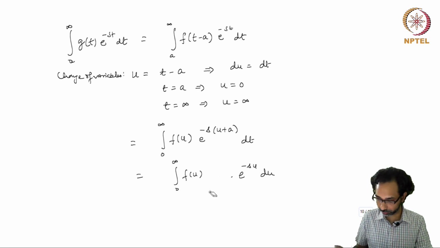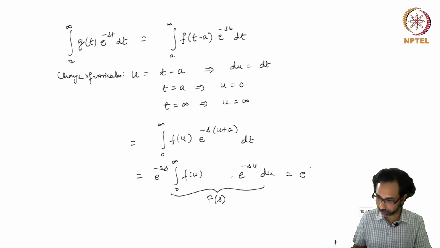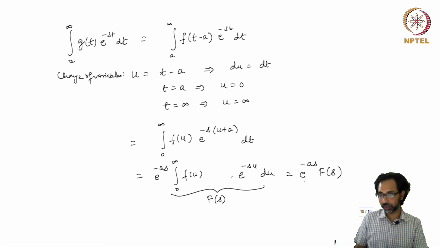So I can just delete it from here and write it outside the integral, and what we are left with inside the integral is simply the Laplace transform of f. Therefore, in the end we get as answer the Laplace transform of g(t) is simply exponential of minus as times F(s).